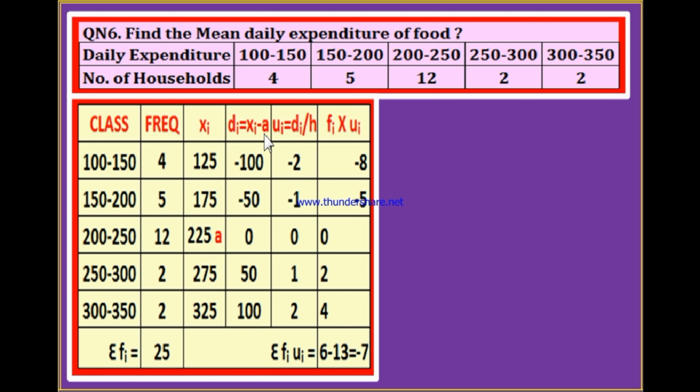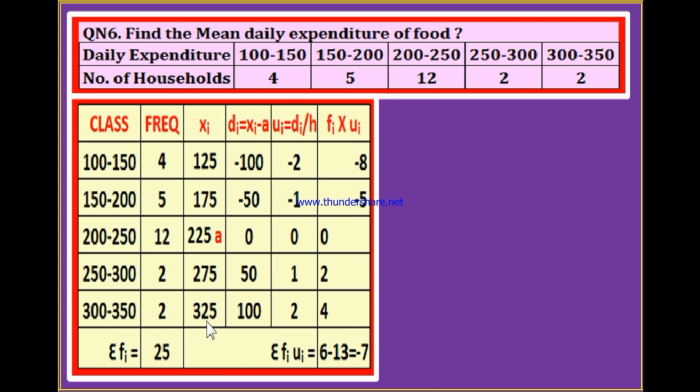Di is equal to xi minus a. We took the mid value of the middle class, this 225, as a. For this class, a is 225 and xi is also 225. Therefore, 225 minus the same 225 is 0. And for this class, mid value is 275 and a is 225. 275 minus 225 is 50.